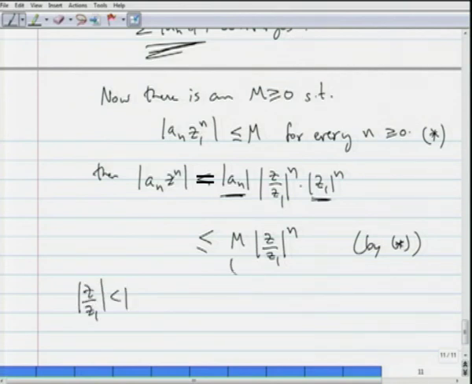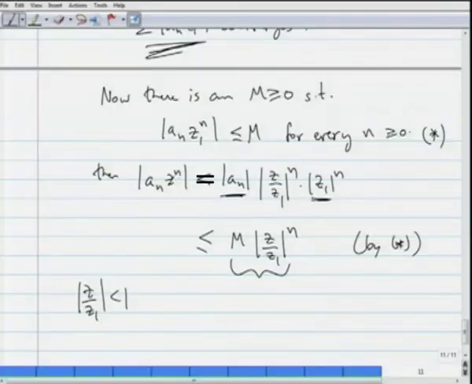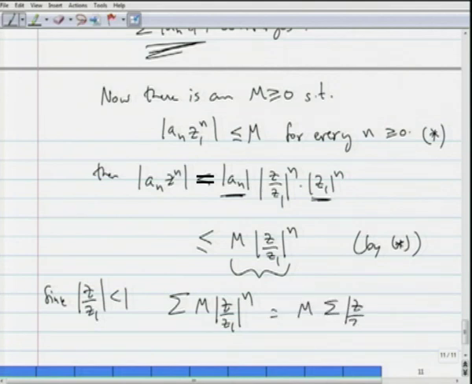And so, this becomes the nth term of a geometric series. Since this is less than 1, sigma M times (modulus of z/z_1)^n, which equals M times sigma (modulus of z/z_1)^n, converges.